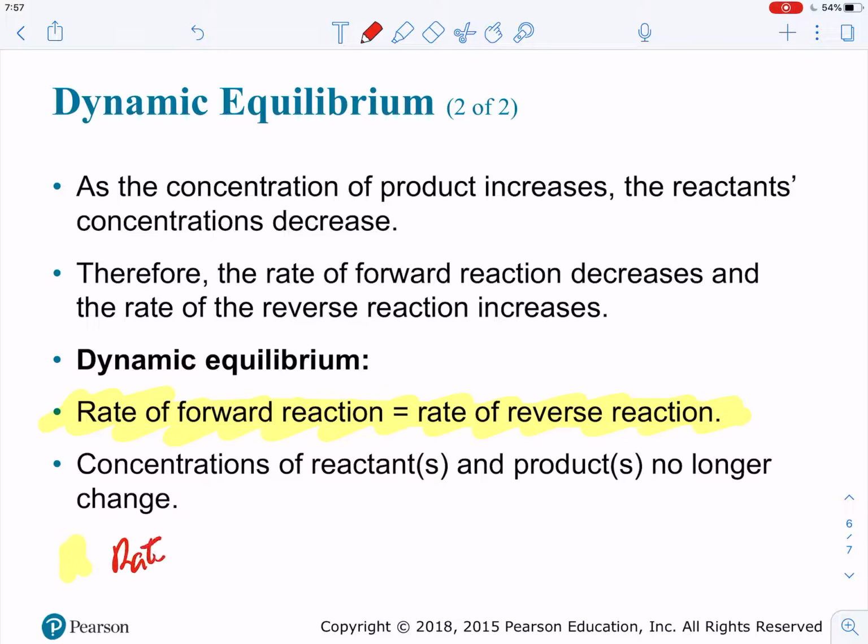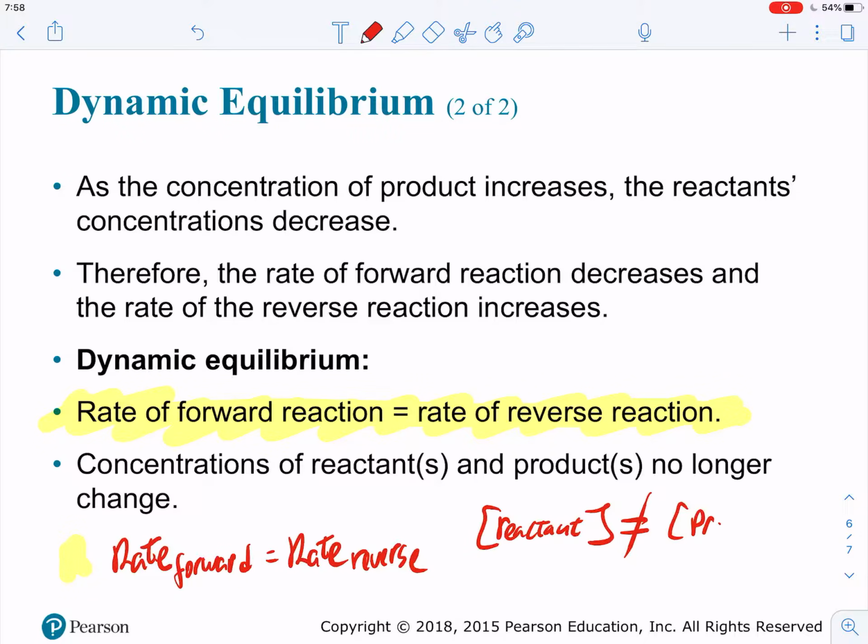The rate of the forward is equal to the rate of the reverse reaction. That has absolutely nothing to do with the concentrations. The concentration of reactant doesn't necessarily have to be equal to the concentration of products.